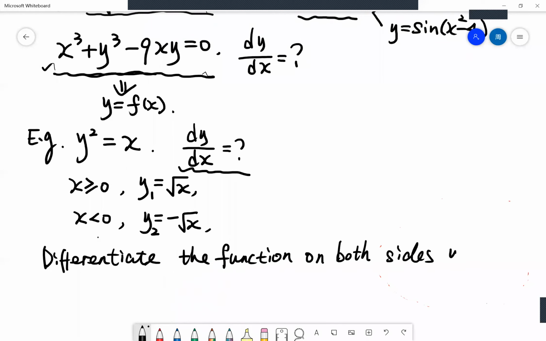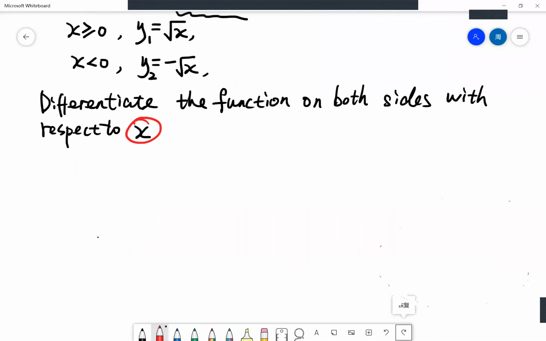And here with respect to the variable x, the function now is x squared, y squared equals x, right?